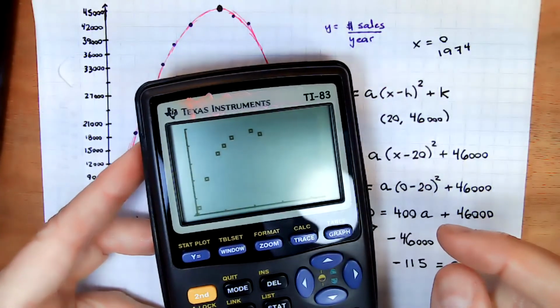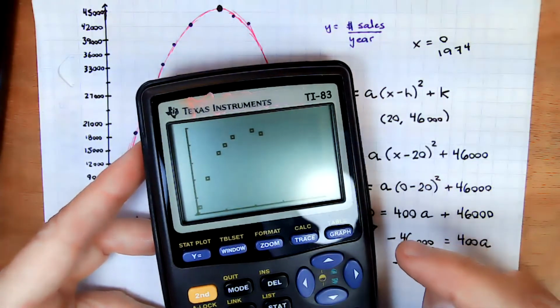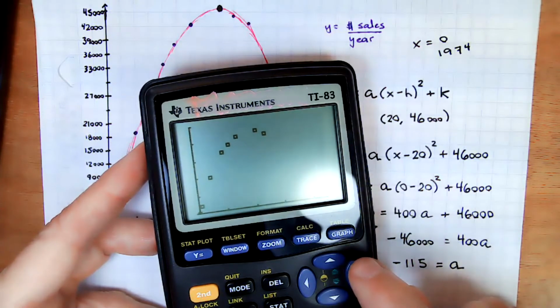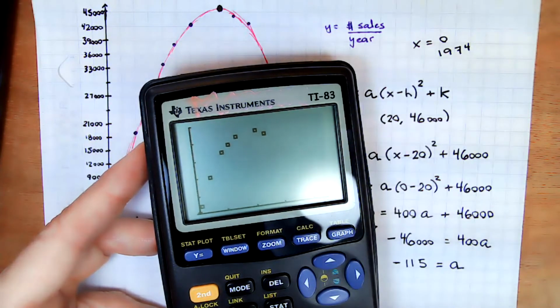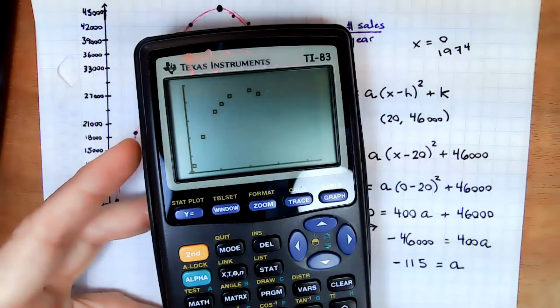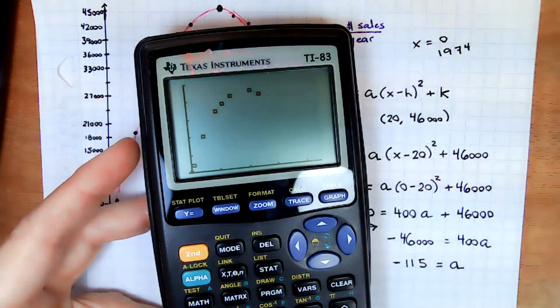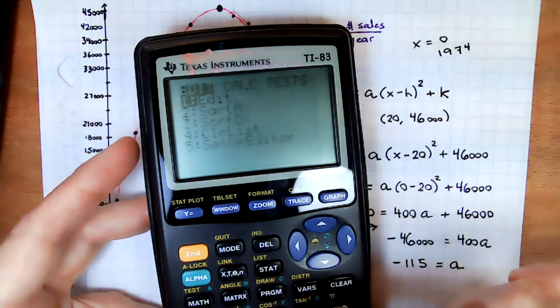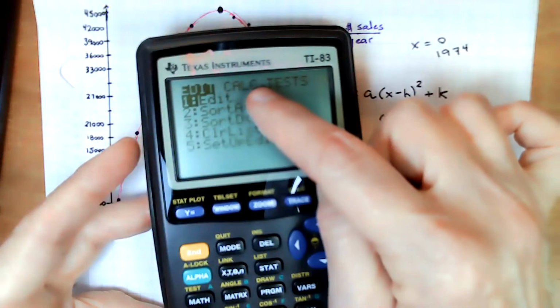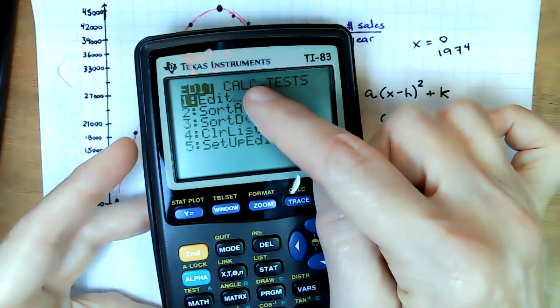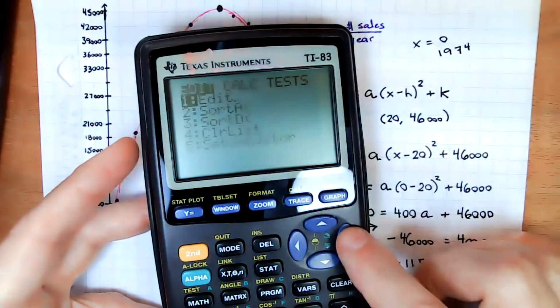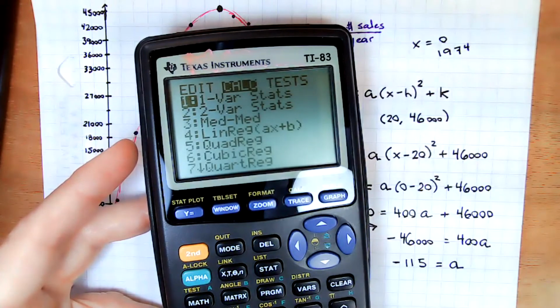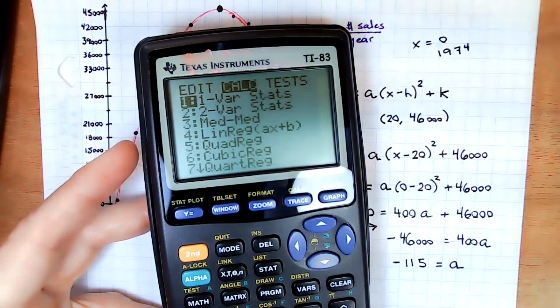And then you can see it has that basic parabolic feature. Right, and if you want to use your graphing calculator to find your model, you can go to Stat, and it'll give you this menu, and you're going to hit Calc for Calculate, and choose number 5 for quadratic.